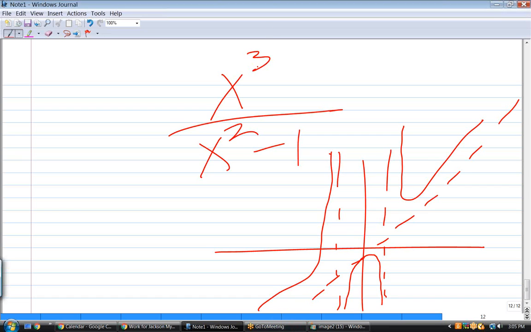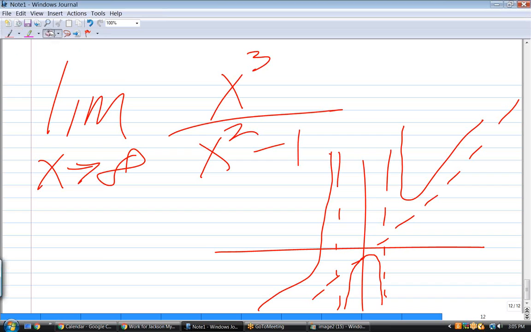So if the top is bigger than the bottom, you don't have a horizontal asymptote. You just have an oblique asymptote and a vertical asymptote. And the same with limits. If I'm taking the limit of this as x goes to infinity, what is it going to be?